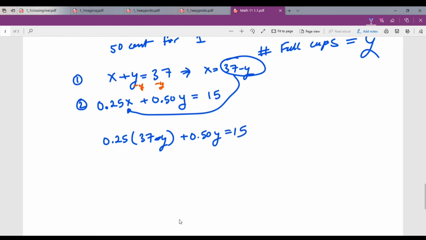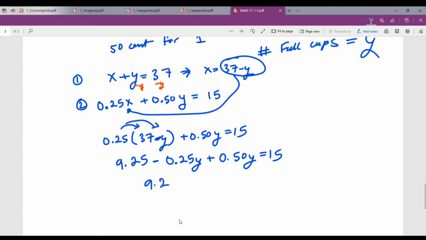Let's multiply this out using distribution. And so we have 0.25 times 37 is 9.25 minus 0.25y plus 0.50y equals 15. We'll collect like terms. And so this is 9.25 plus 0.25y, and that's equal to 15.